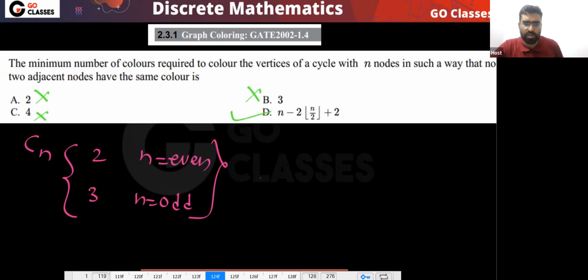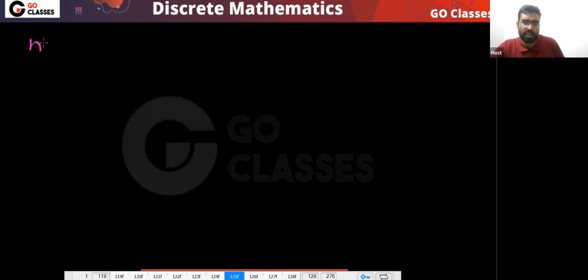Actually, this is a beautiful question, because if you notice this value, this will become 3 for n odd. This will become 2 for n even. This is your expression, let's call it expression E: n minus 2, n by 2, plus 2.